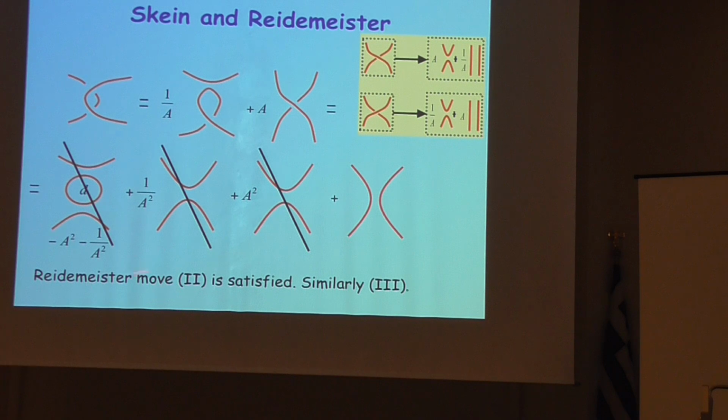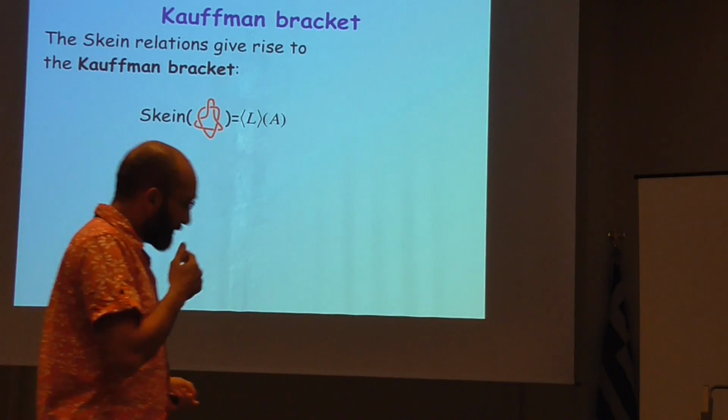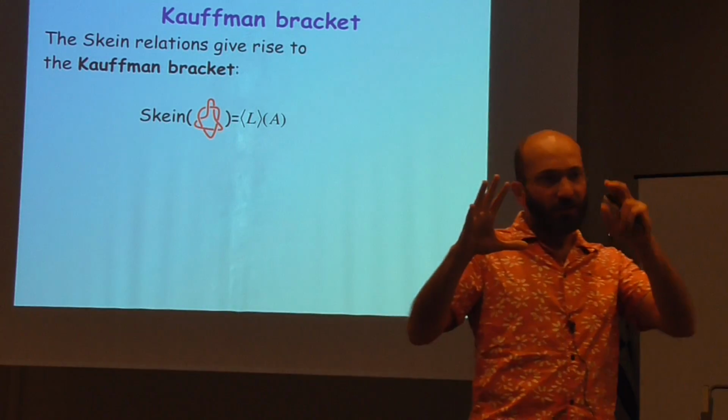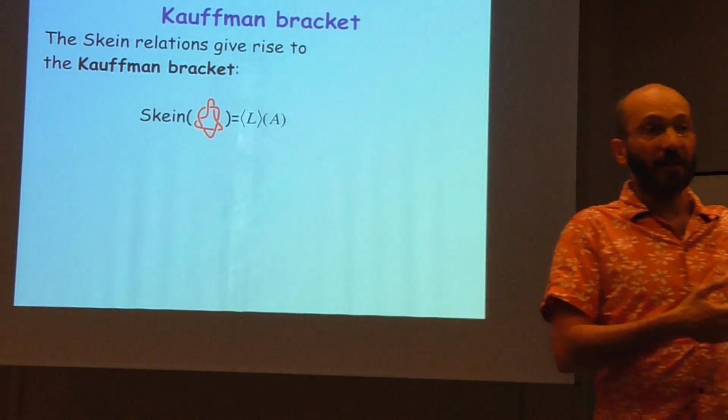So similarly, you can show that Reidemeister move 2 and Reidemeister move 3 are also satisfied. So you have a link, you go to every crossing, you decompose it, and at the end you get a polynomial.